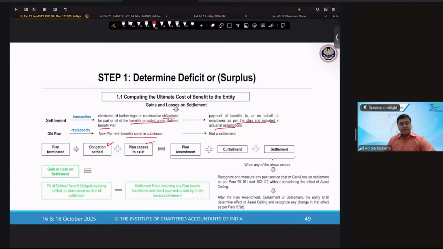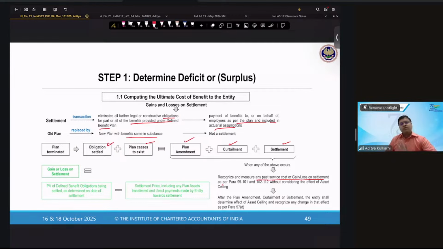Okay. Whether I have a plan amendment, say from 1% to 2.5%. Curtailment, reduction in number of people who can avail the benefit. So I will give some compensation. Or settlement. Settlement means eliminating all the obligation by making payouts. Okay. When any of these three things happen, recognize and measure any past service cost or gain or loss on settlement.